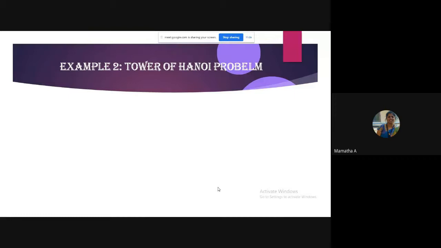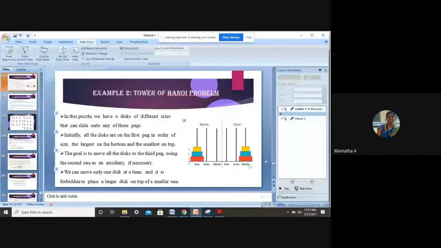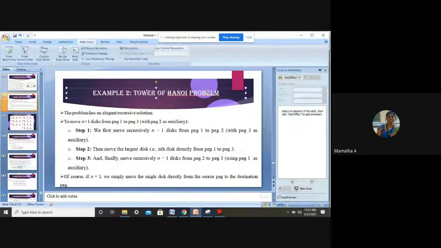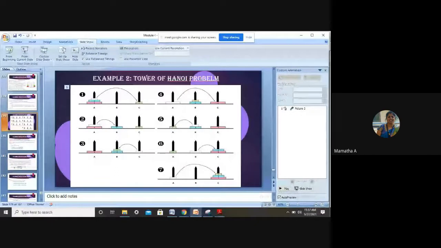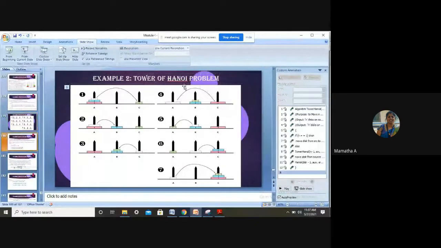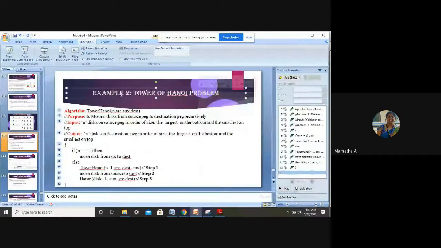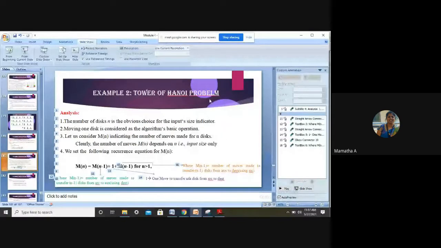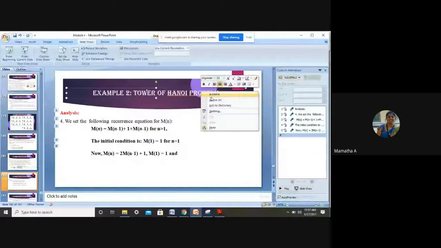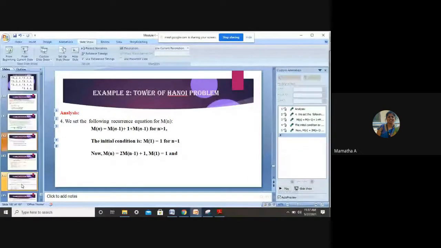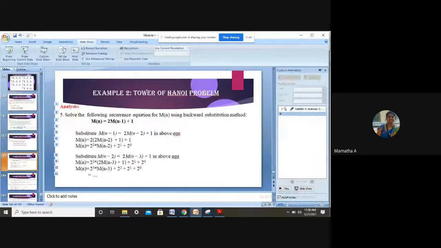Can someone tell me in brief what the Tower of Hanoi problem is?